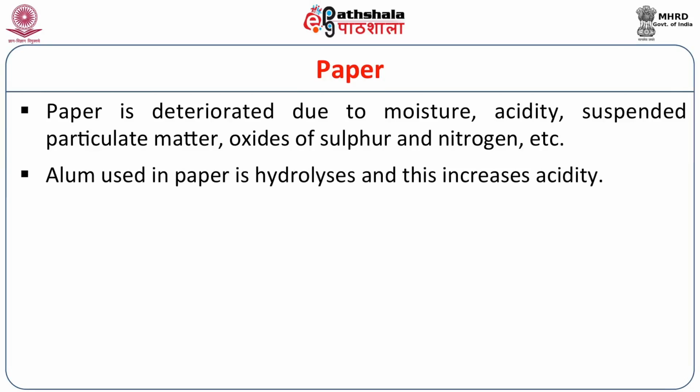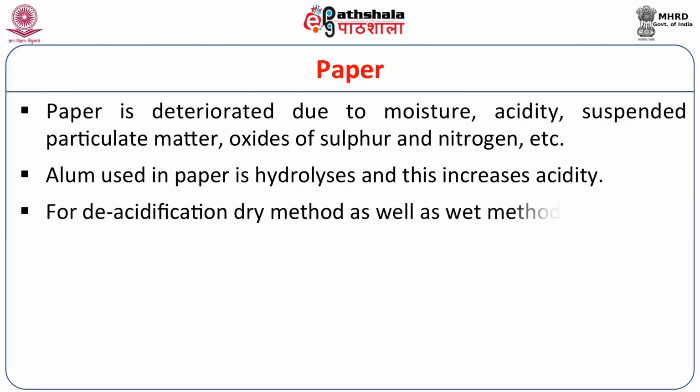Alum, which is used for the preparation of paper, is hydrolyzed and it increases the acidity of paper. And it is very important to remove this acidity, which is known as de-acidification of paper.